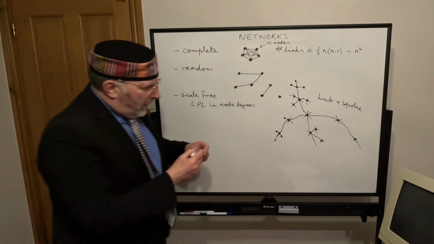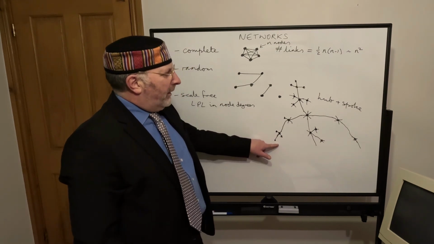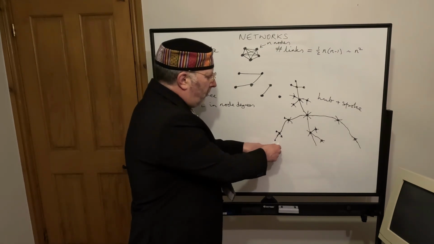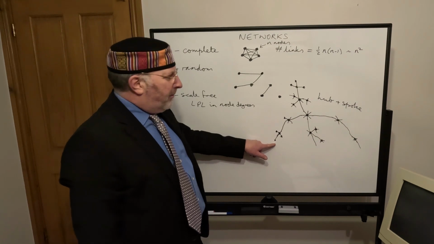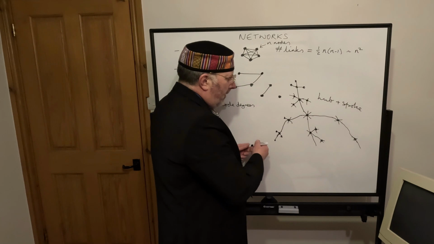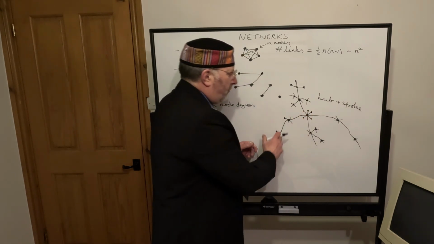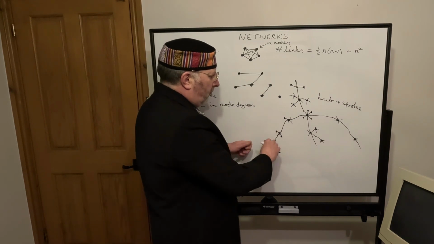And so on. So what this means is that if you're a typical node, you're not very well connected because it's a power law. So most nodes are very poorly connected, but they're connected nevertheless to many other nodes because they can go up through this hub and spoke structure.